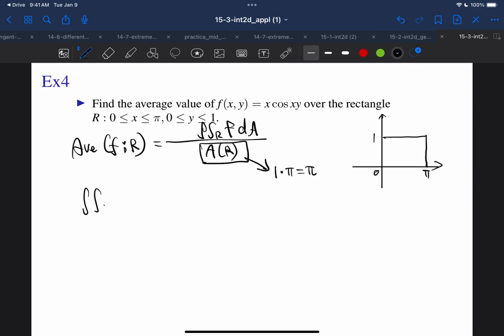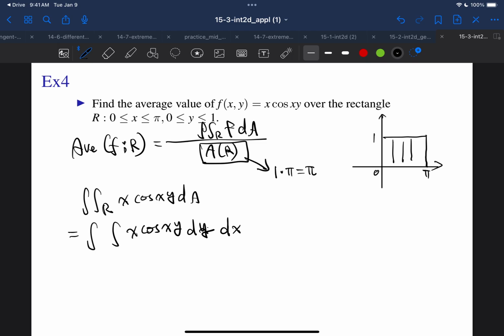So we are going to look at the double integral over R of f, which is x cosine xy dA. Well, for this problem, we first look at dy, which means I'm going to screen the domain in a vertical way and then shift it. So this is what we're going to compute. dy range is 0 to 1. dx range is 0 to pi.